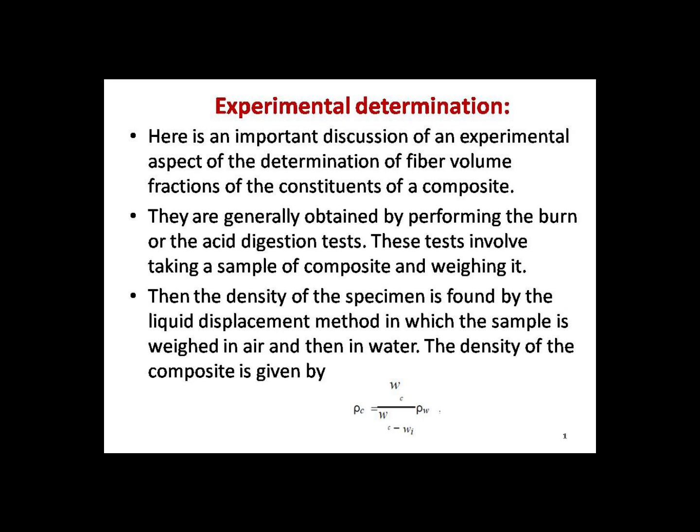The relative density of the composite can be calculated by the given formula, rho C equals WC divided by WC minus WI, and the whole multiplied by the density of water.